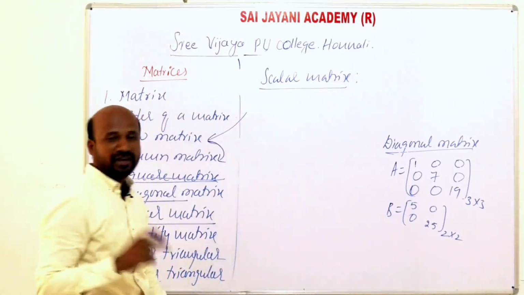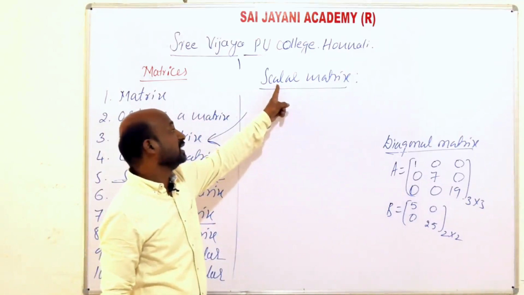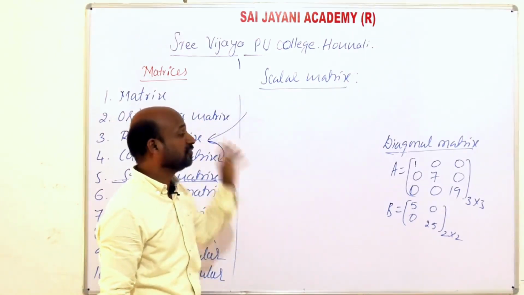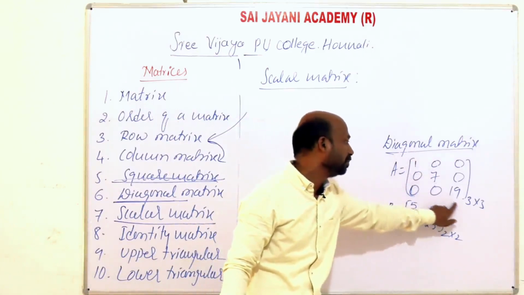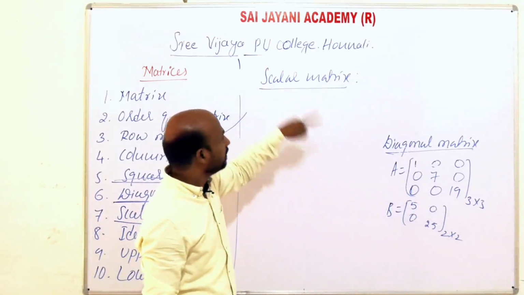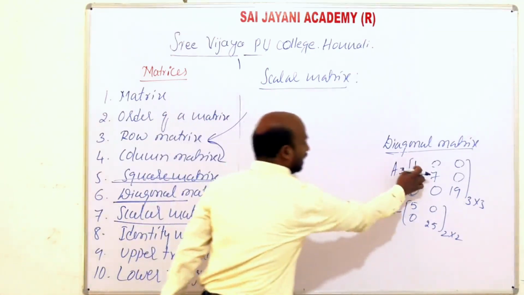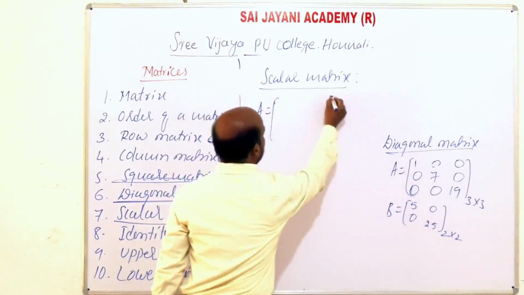Scalar matrix can be defined in two ways. First case, a square matrix is said to be a scalar matrix if all the diagonal elements are same. Let us take the example.